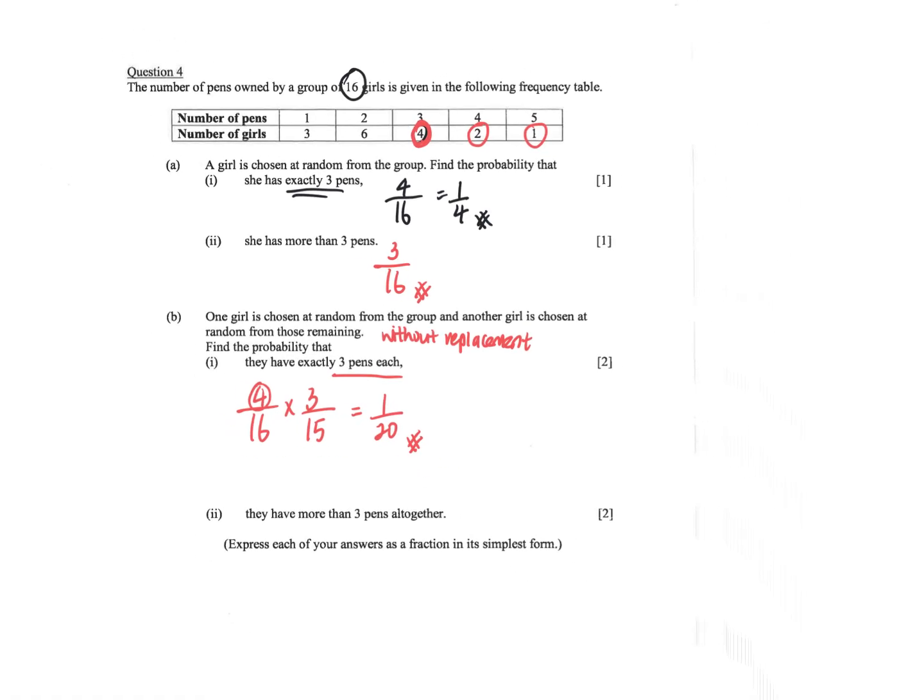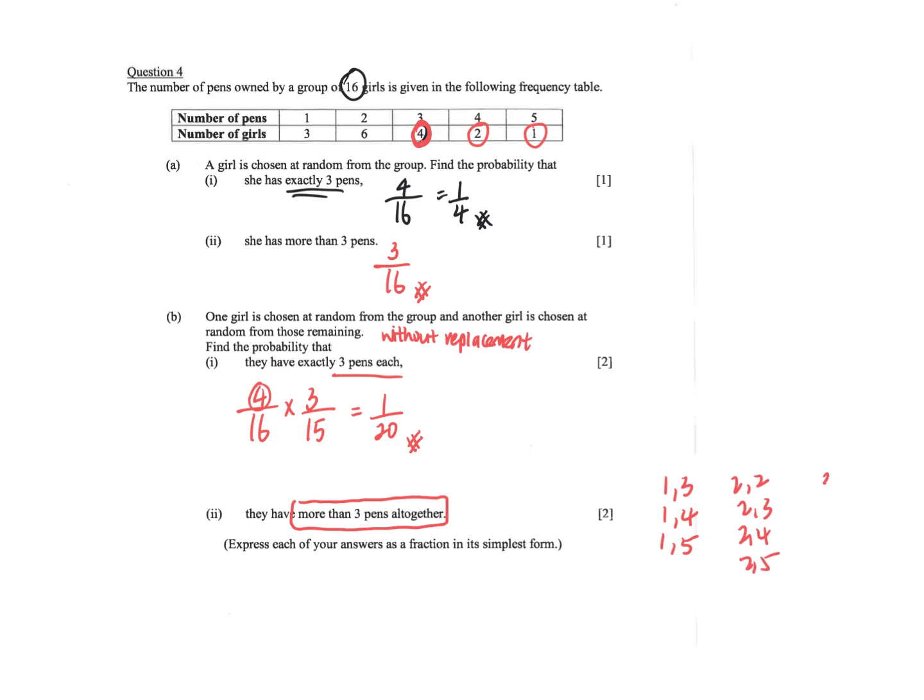Okay, the last one is a bit more tricky because they want both the girls to have more than 3 pens together. So there are many combinations. First girl gets 1, second gets 3, so there is more than 3. 1 and 4, 1 and 5, 2 and 2, 2 and 3.